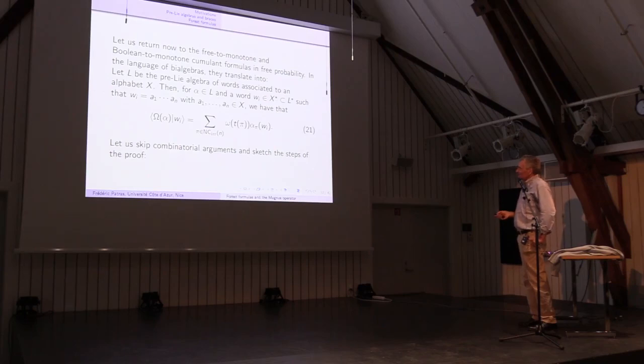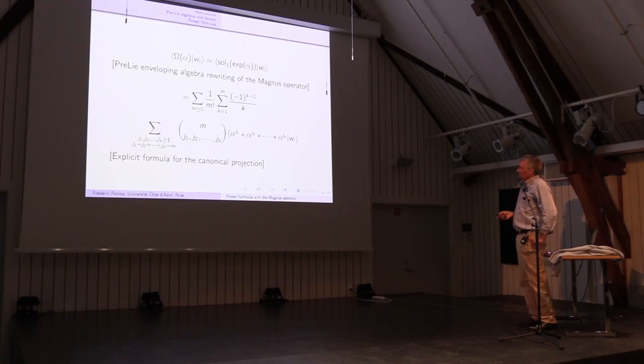I can return to the formula I wrote at the beginning, the formula expressing the Magnus operation acting on an element alpha of my Pauli algebra. If you remember, the key point was that the Murua coefficients were appearing. Now, if I put together all the explanations I've given, you see how you can do the computation.